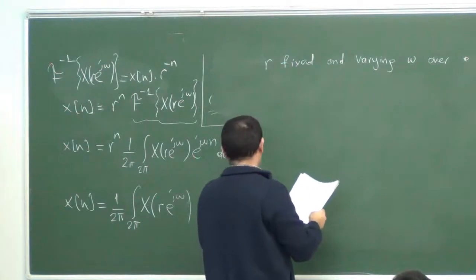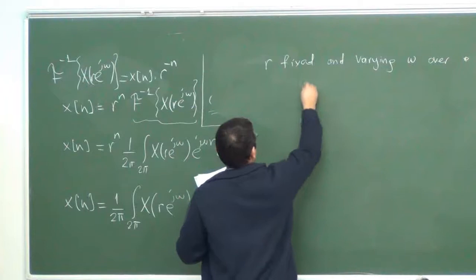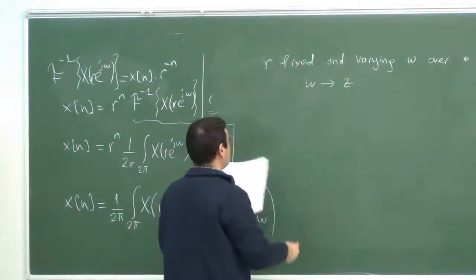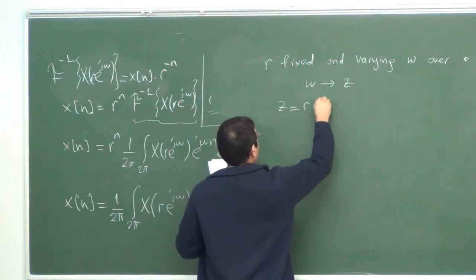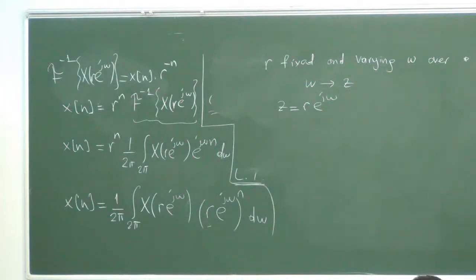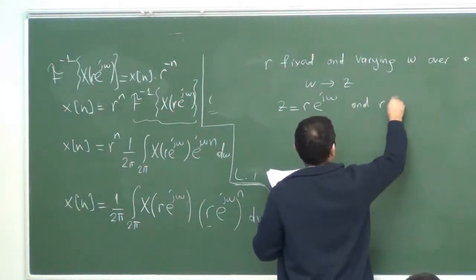Now we can change the variables in omega. Let's change variables from omega to z. We know the definitions, and we can do this. What about z is equal to r times e to the j omega? It is given by definition, as you see in here, and you know r is fixed.